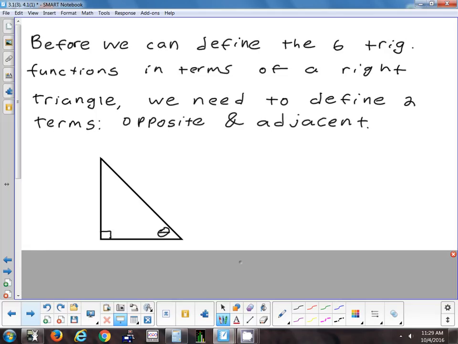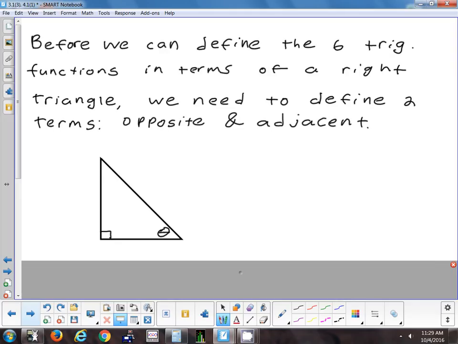We're not doing that this week. We're going to use the terms opposite, adjacent, and hypotenuse. First I just have to explain what those terms mean. I think everybody knows hypotenuse. That's the side that's across from 90. But I want to explain opposite and adjacent.